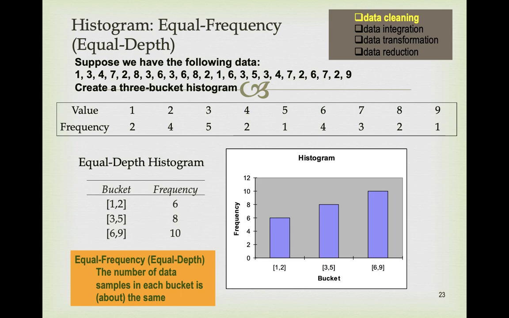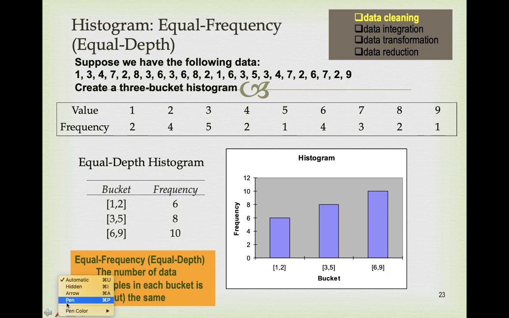Equal frequency, or we call it equal depth. Suppose we have the following data. Create a 3-bucket histogram. Because we use equal depth, we have values 1 until 9 and also the frequency. For the equal depth histogram, the first bucket is 1, 2, which has 2. And then for the second bucket, we have 3, 4, 5, which is 3.